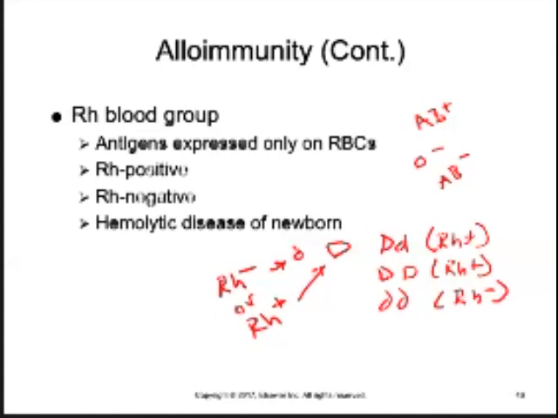So one of the things that we do to deal with that is we give you a drug called Rogam, R-H-O-GAM. What it does is it cloaks the Rh antigen.